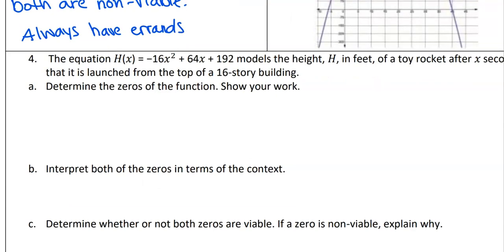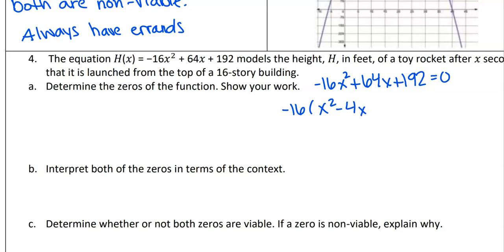We factor, yes. So I have negative 16x squared plus 64x plus 192. How are we going to factor this? Yeah, we can divide everything by negative 16. Negative 16 divided by negative 16 is 1. What is 64 divided by negative 16? Negative 4. And 192 divided by negative 16?